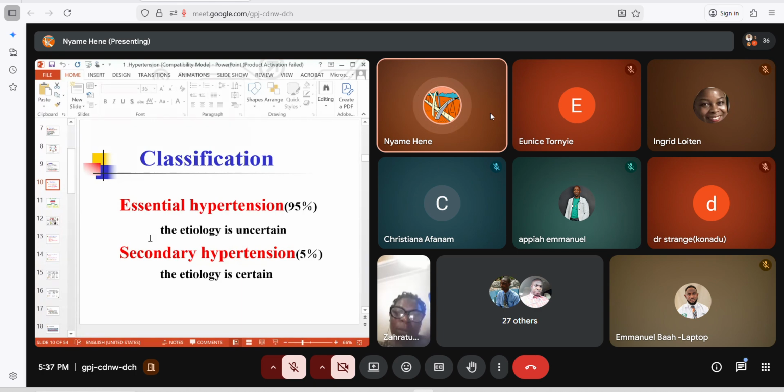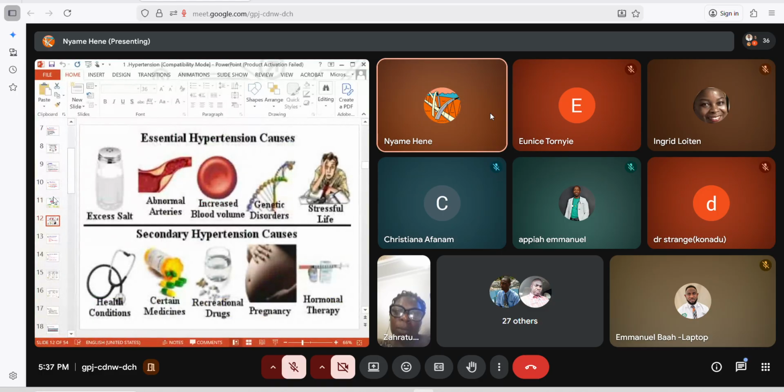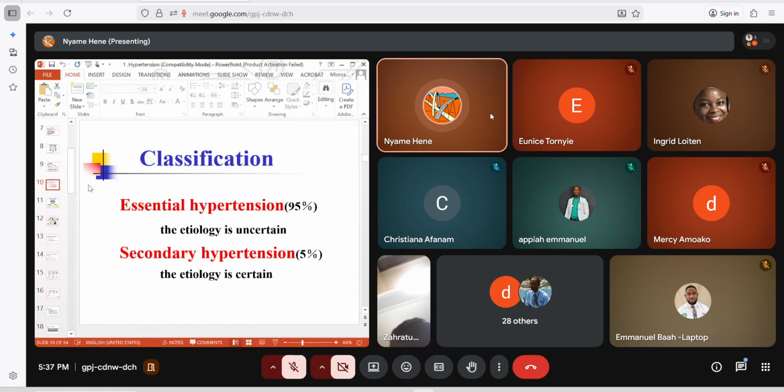And now you even know the values too. You look at the values and you see we have essential hypertension and secondary hypertension. Essential hypertension is the commonest one.